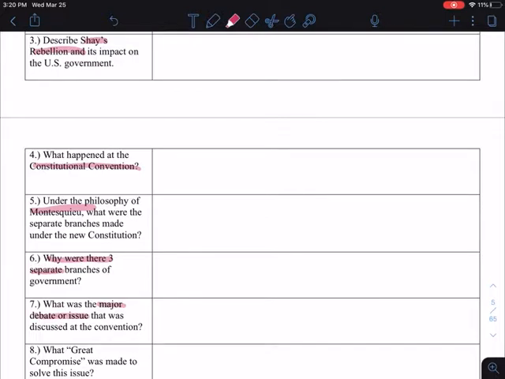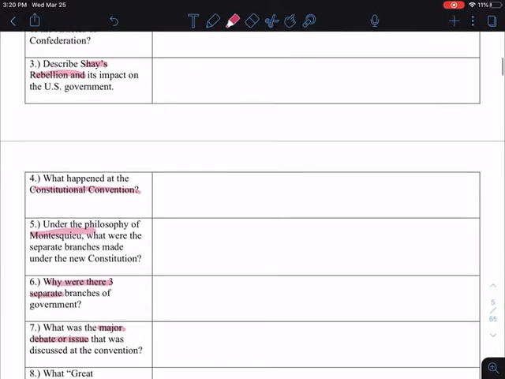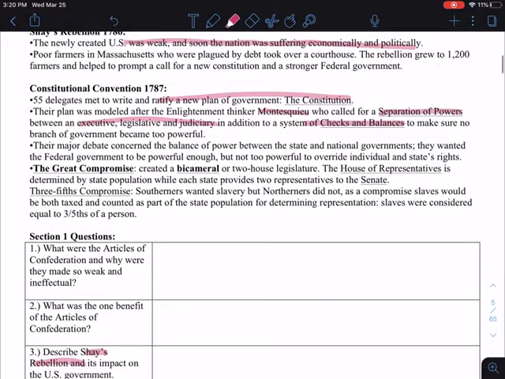Major debate or issue discussed at the convention. The big issue that we have is the balance of power between the state and national or federal government. We don't want to have too weak of a federal government. We don't want to have too strong of a federal government. We're looking just like Red Riding Hood for the perfect balance between the state and the national government.